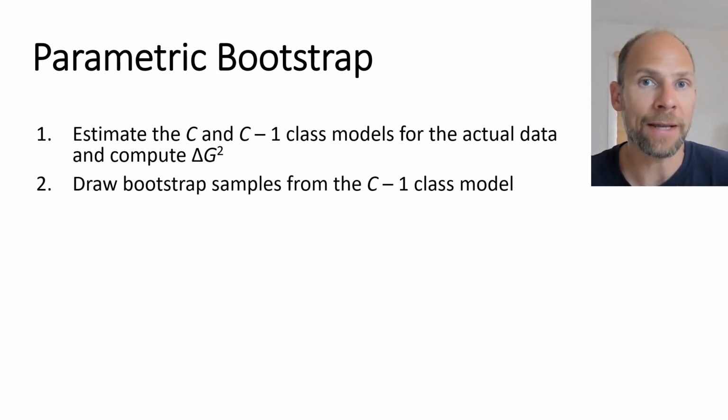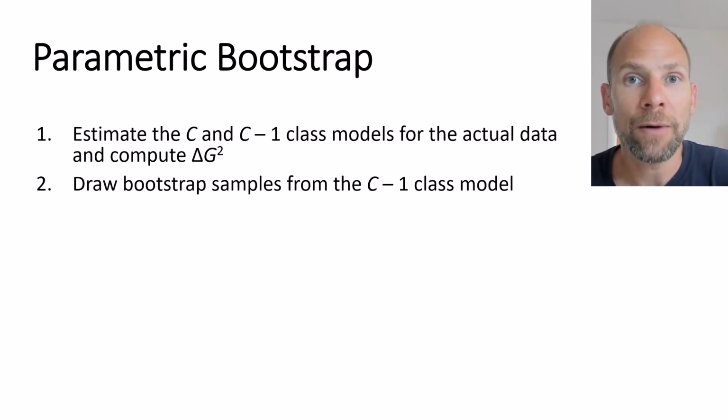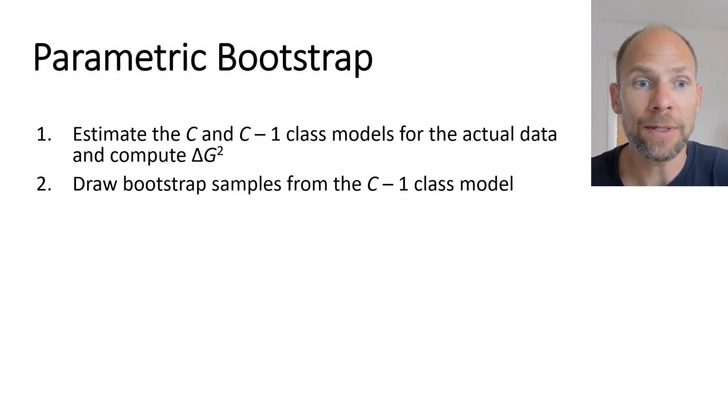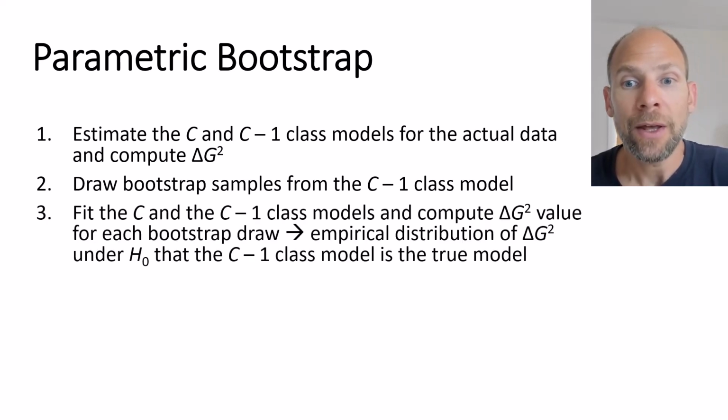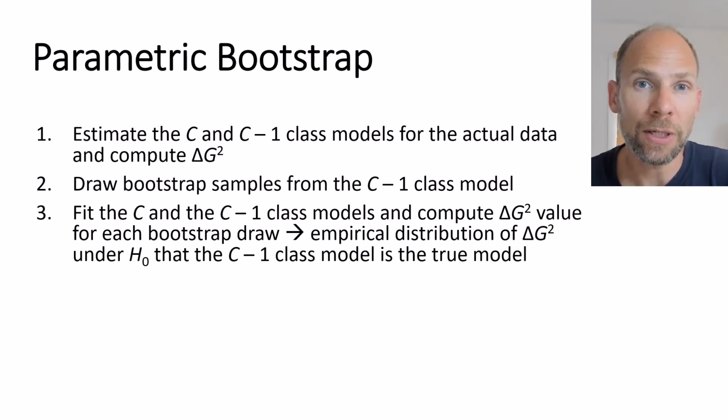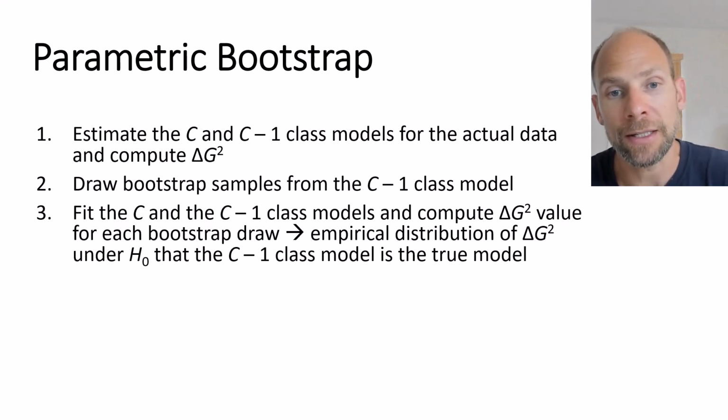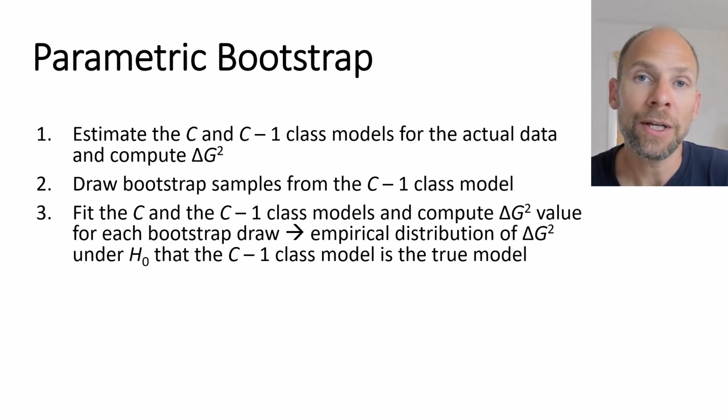So we basically run a simulation where we draw from our 2-class model, and for example we do that 1,000 times, and then in these 1,000 bootstrap samples, we fit both the C-class model and the C-1 class model. And again, we compute the chi-square difference for each bootstrap sample.